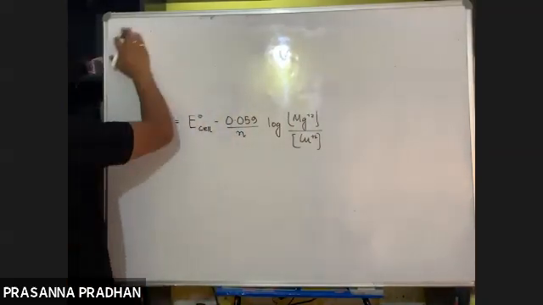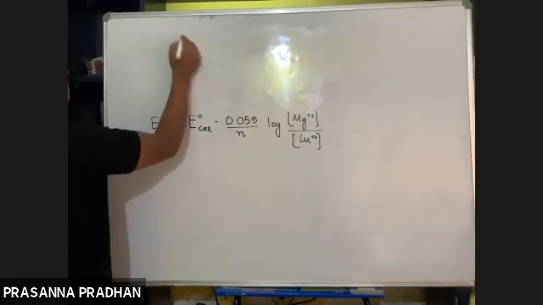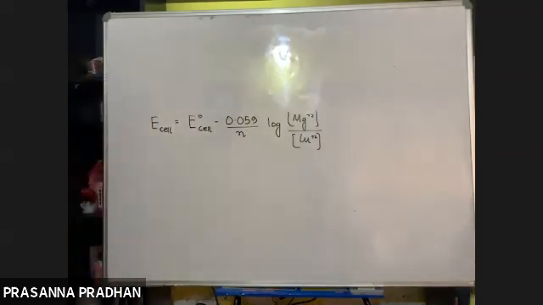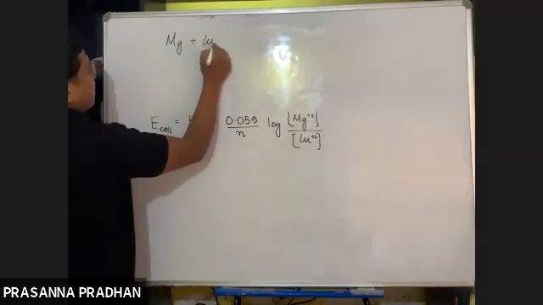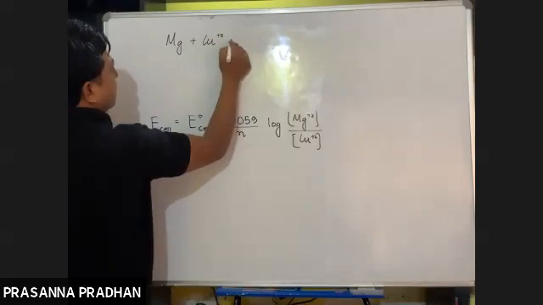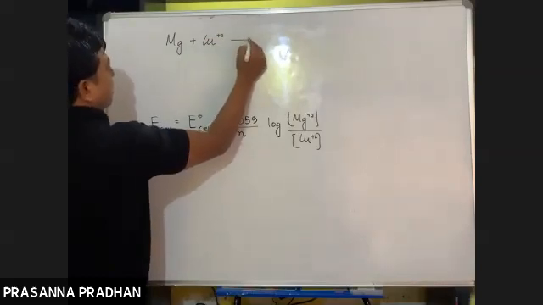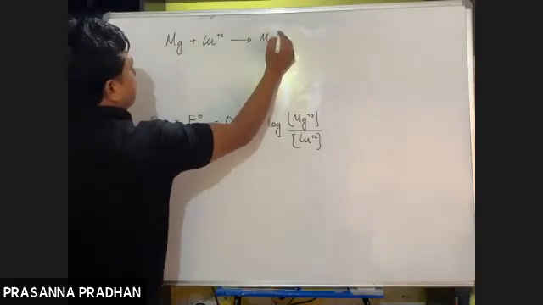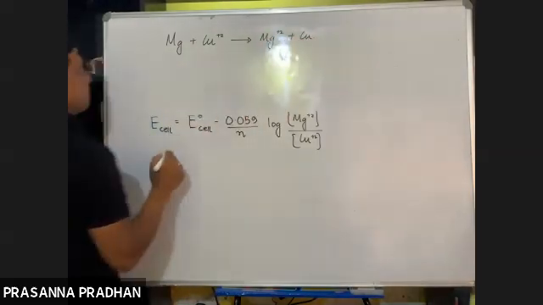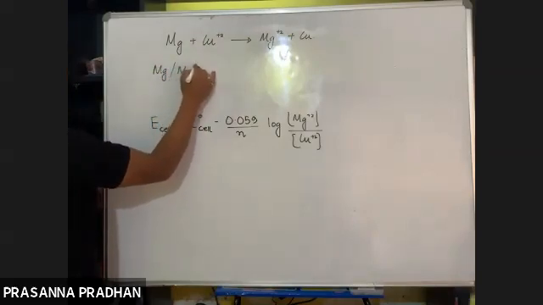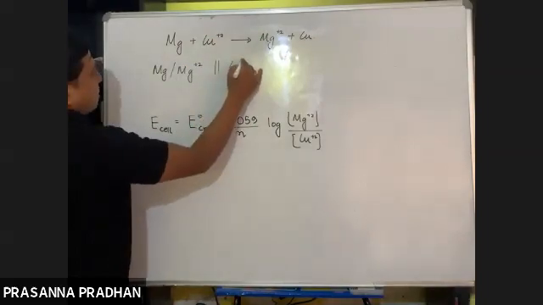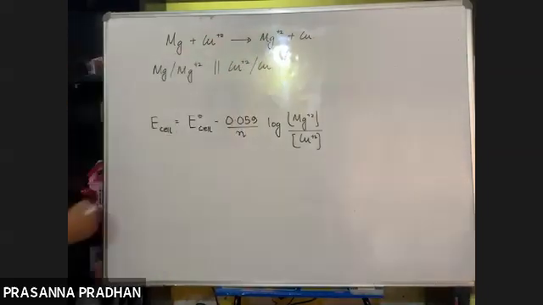The full cell reaction was magnesium plus copper dipositive gives us magnesium dipositive plus copper. And the cell notation was magnesium oblique magnesium dipositive, I'm not writing down the concentration, copper dipositive oblique copper. So this was the cell notation.